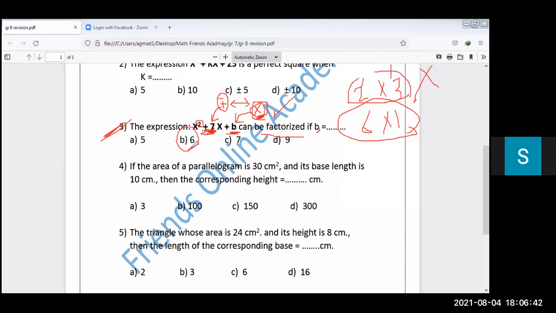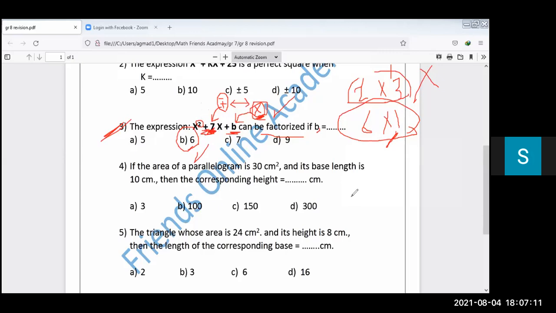If you choose 6, what times what gives me 6? 2 times 3 and 6 times 1. If you add 2 and 3, do they give you 7? No. Now check 6 times 1 gives you 6, and 6 plus 1 equals 7. Yes. So your answer is now correct.